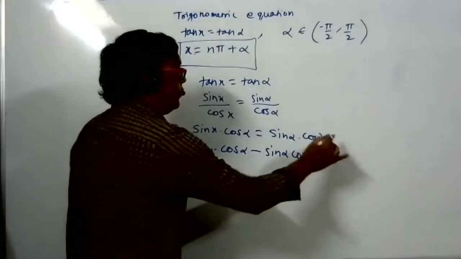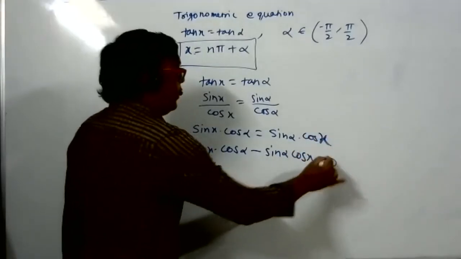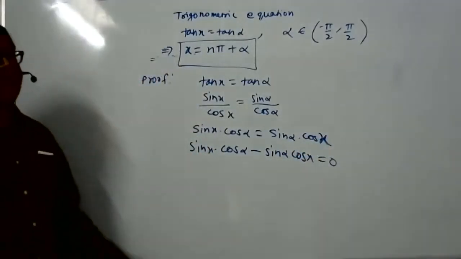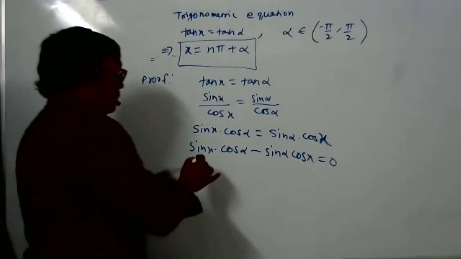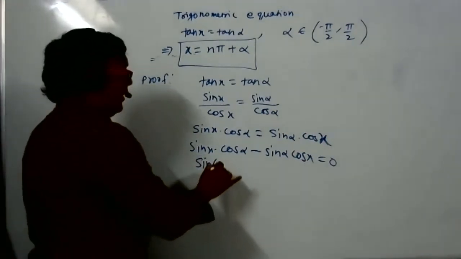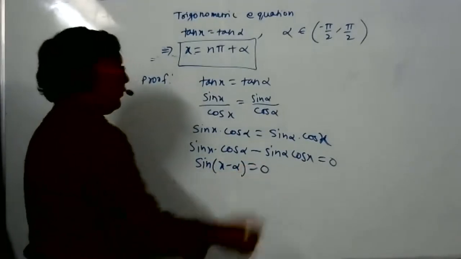Take all the terms to the left side: sine x cos alpha minus sine alpha cos x. Whose formula is this? Compound angle: sine of x minus alpha is equal to 0.